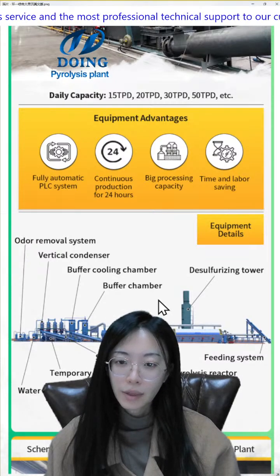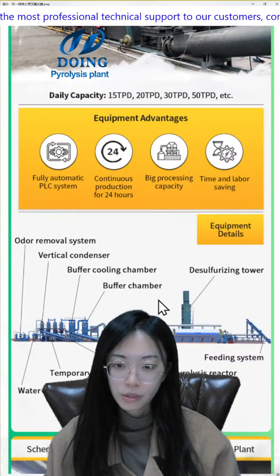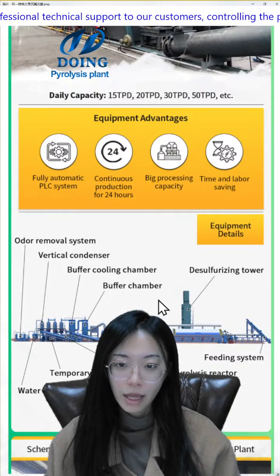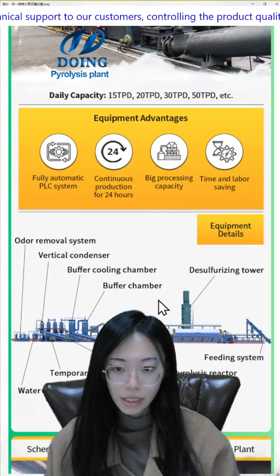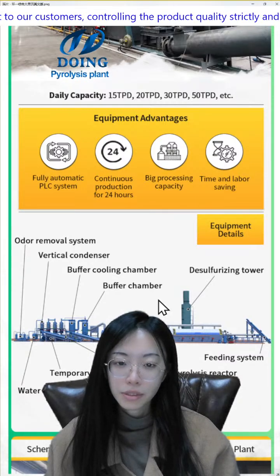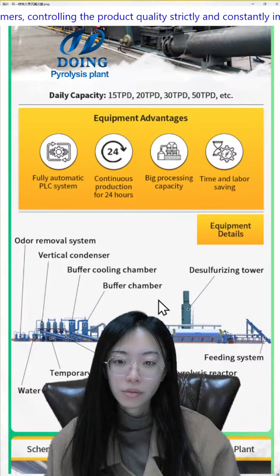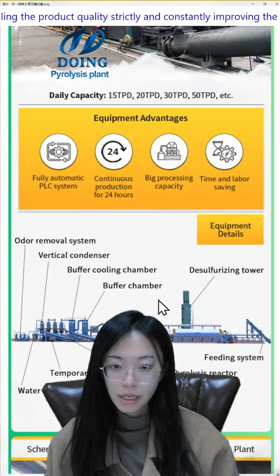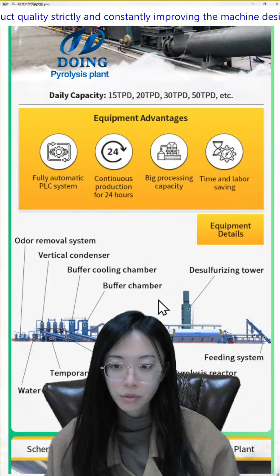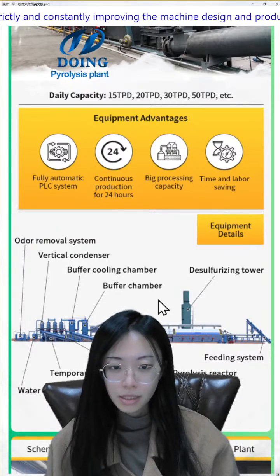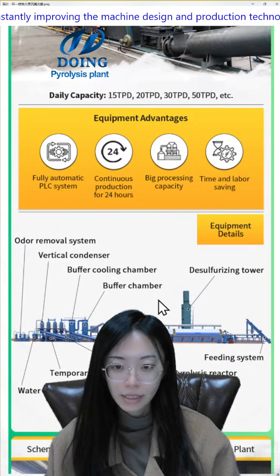So they don't need to cool down the reactor to restart and discharge the carbon black. They can work continuously, and because it uses a PLC system, it's much more labor saving. We don't need many workers. Only 1 or 2 workers is enough for this whole process.